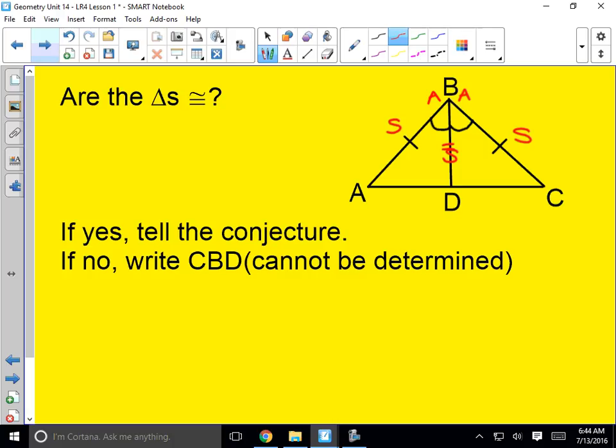Okay, so in this situation, AB is congruent to BC. I'm looking for my pieces. And if I want to call it correctly, I would call it CB. I know that angle ABD is congruent to angle CBD.